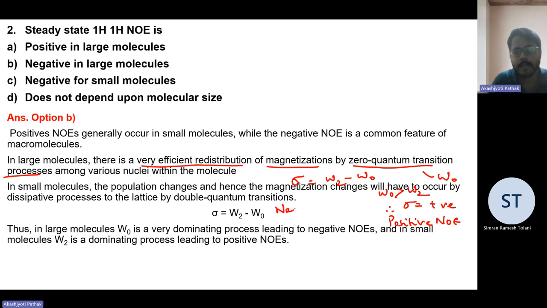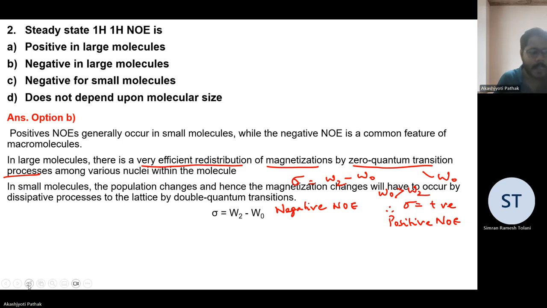Sorry, I made a mistake here. Omega 0 will be greater than omega 2, and so it will be negative.